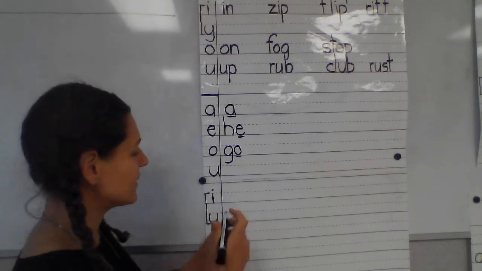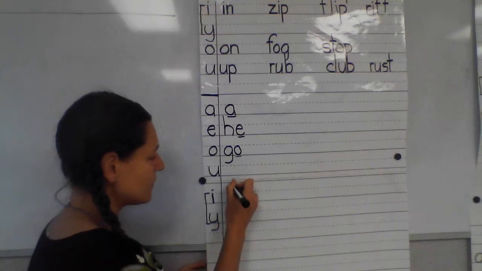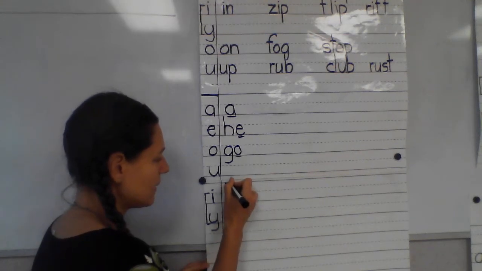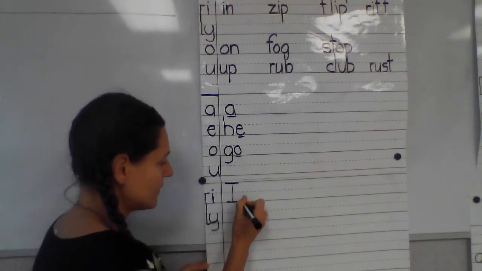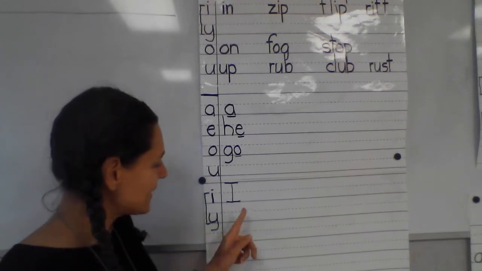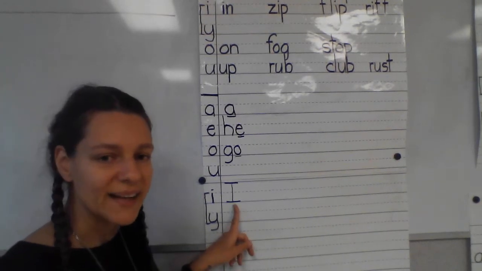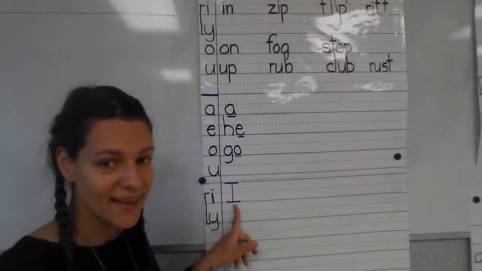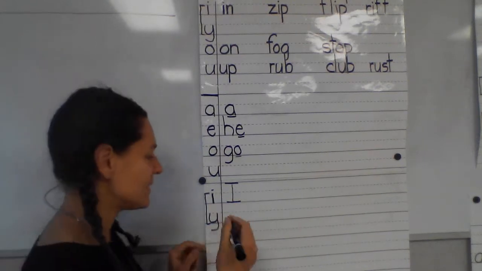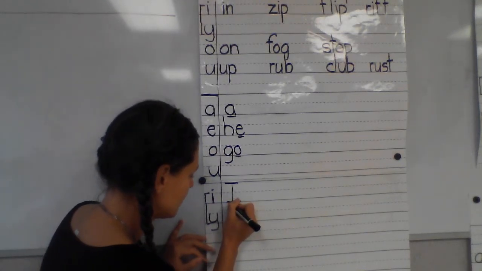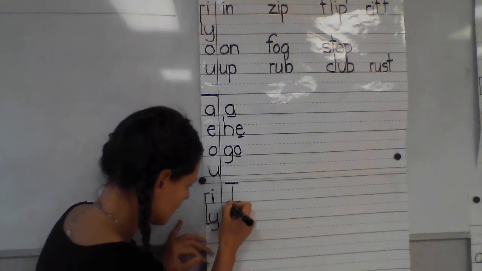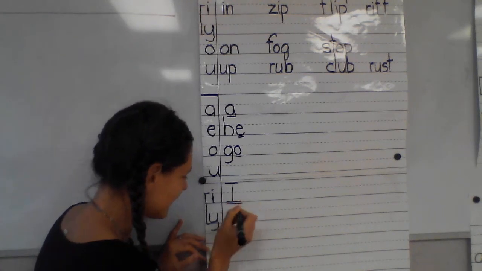Always? Good. We always use a capital I. And how would I mark this to show that it's saying its vowel name? Excellent. I would underline it. If the pen cooperates, I'll underline it.